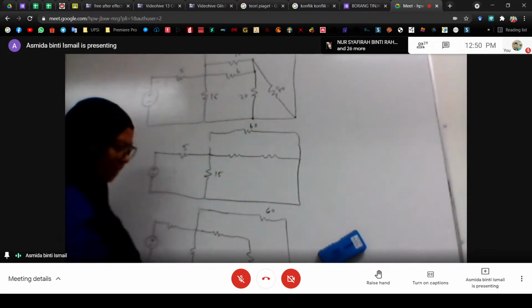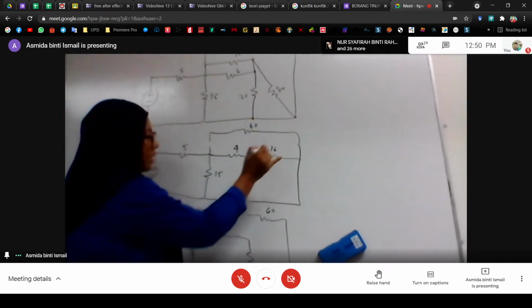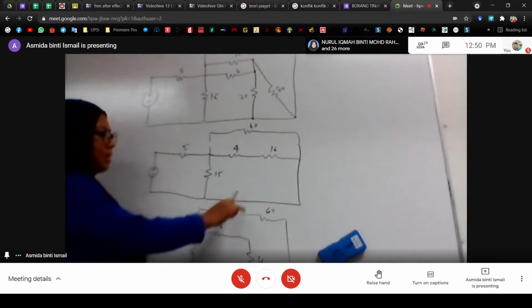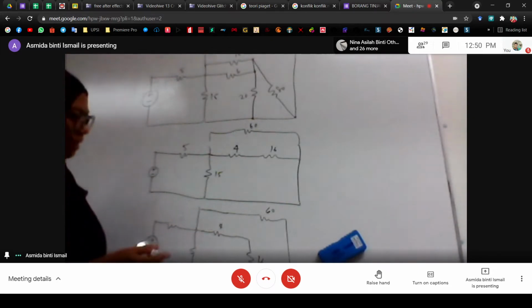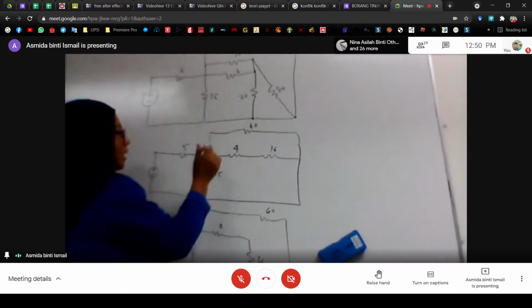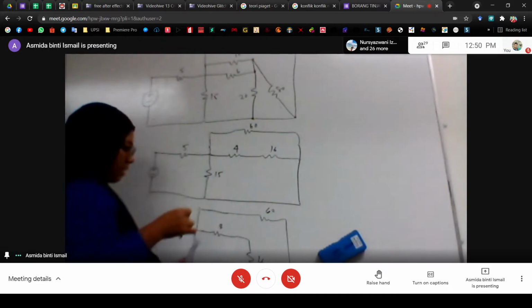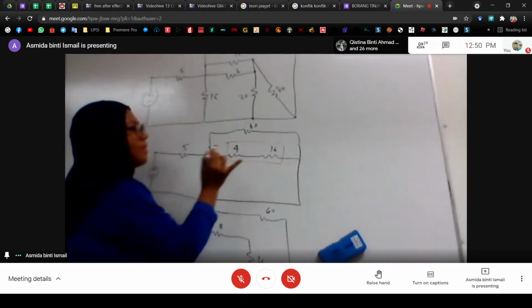So this one dia dapat the 4, the 6. This is 4. This one and this one sama. Okay. And then, I can look at this. Both of these resistors is connected series.